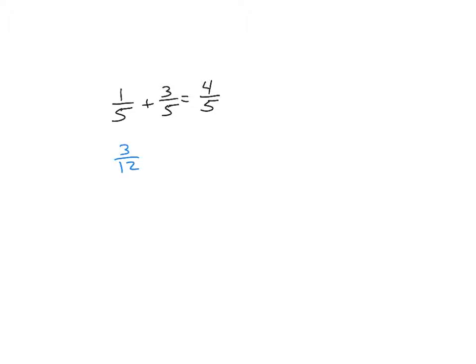Here's another example, 3/12 plus 5/12. Once again, I can add those two together because I have the same denominator of 12. I'm going to add the numerators, and I'm going to get 8/12. But in this particular section, you do need to make sure that if you have a fraction that can be simplified at the end, you do need to simplify that. So I'm taking a look at 8/12, and I'm saying, is there a common factor with 8 and 12?